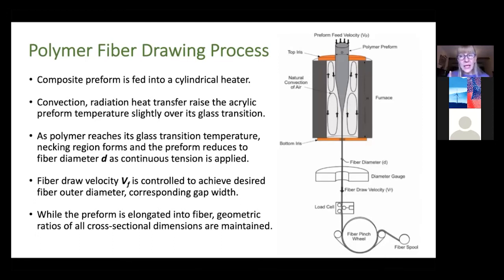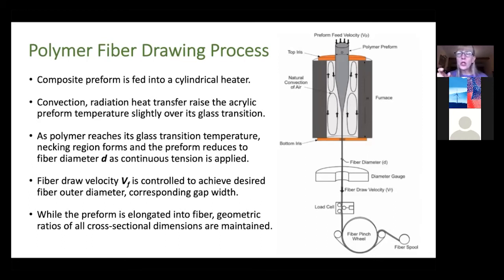But the key is that, and this is in contrast to the die extrusion process that we showed earlier, the key is that every geometric dimension in the cross section is maintained, similarly, geometric similarity in the final fiber.